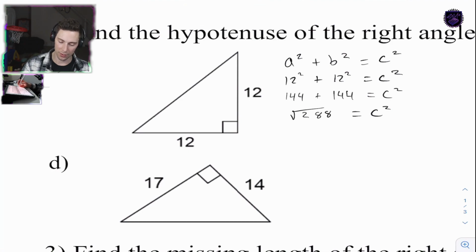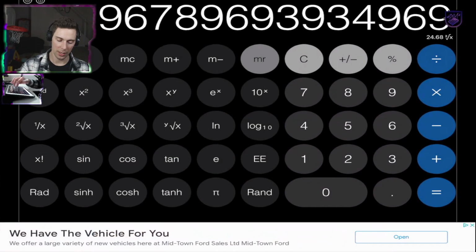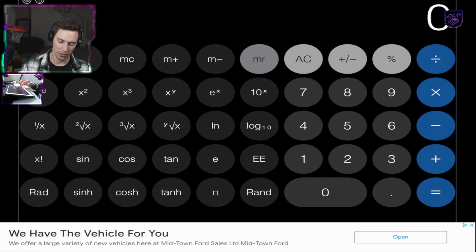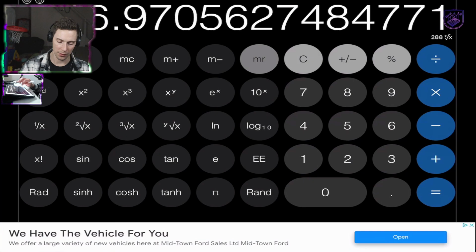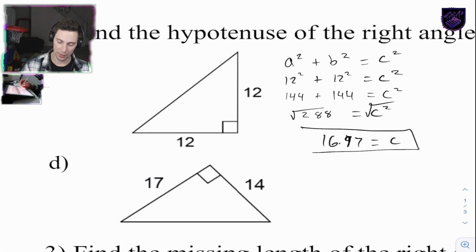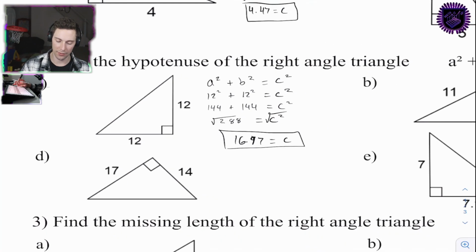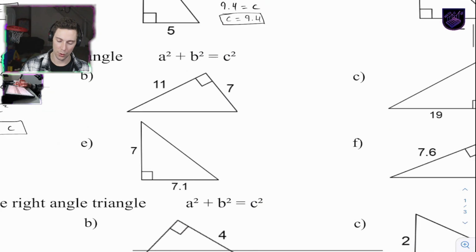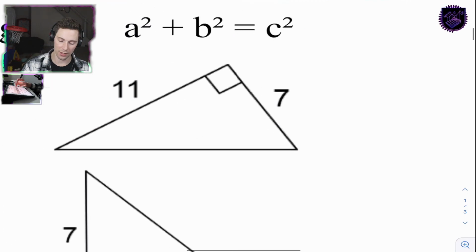And when we find the square root of 288, it will be 16.97. That's going to round up to 17. That's it. C equals 16.97.